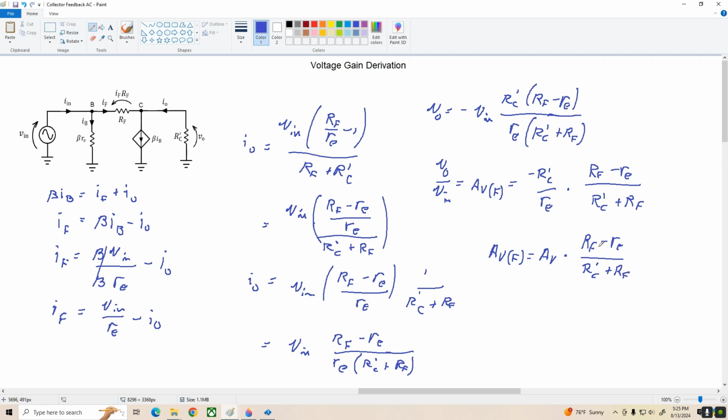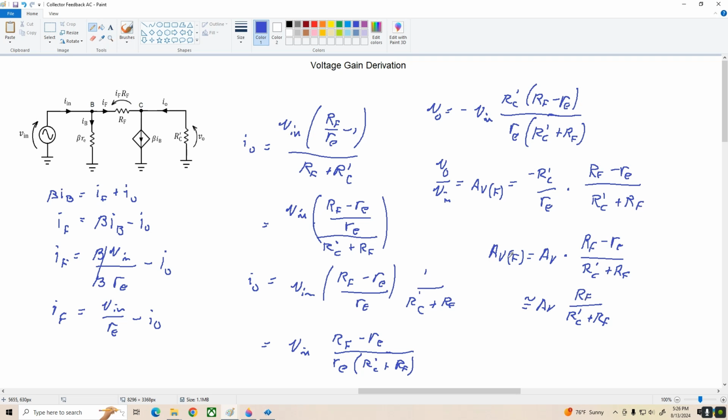Now, as a practical matter, little re is usually maybe 10 ohms or so, and RF is 100,000 ohms. So we can approximate this as AV times RF over R prime C plus RF. And a lot of times R prime C is negligible compared to RF, so our correction factor turns out to be really close to 1.